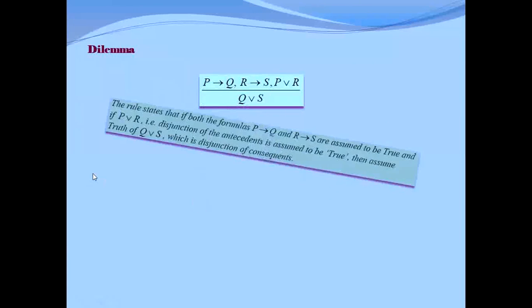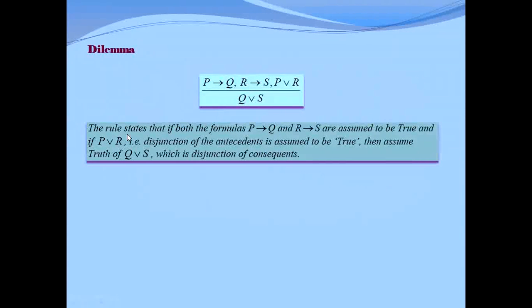According to this, the definition of this formula is: the rule states that if both the formulas P implies Q and R implies S are assumed to be true, and if P ∨ R, that is the disjunction of antecedents or hypotheses, is assumed to be true, then assume the truth of Q ∨ S, which is the disjunction of consequents.